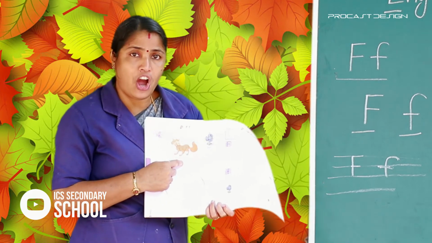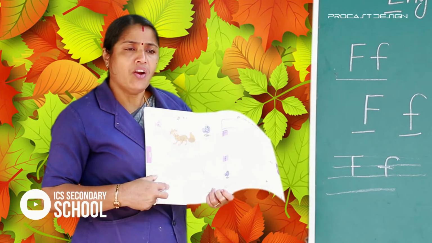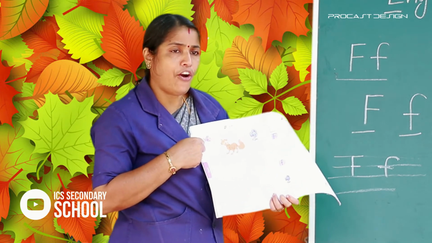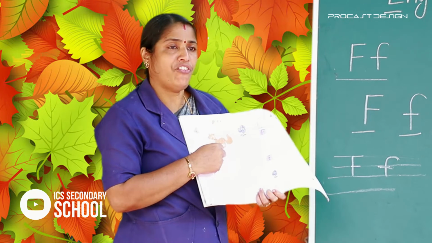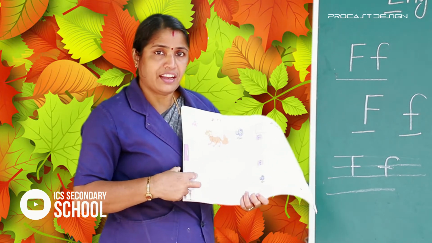F for fox. F for fan. F for fig. All of you loudly say F for fish. F for fox. F for fan. F for fig. Okay.